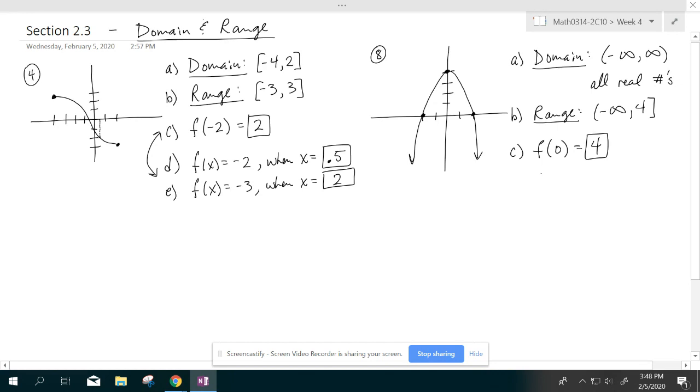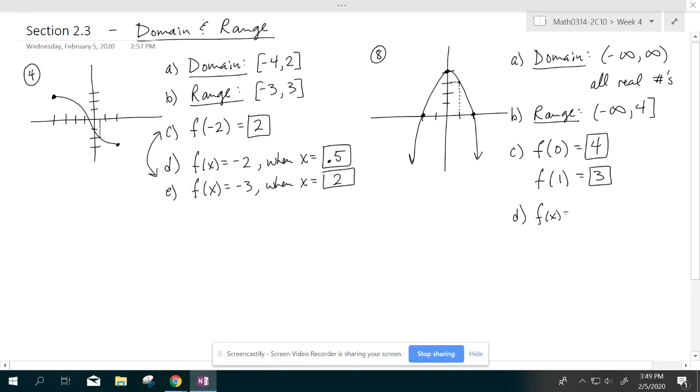Okay, let's do another one just for fun. What is f of 1? So f of 1 appears to be about 3. Again, do y'all see how that works? When x is 1, you're going to go up till you hit the graph and see how high that is. Yes or no?